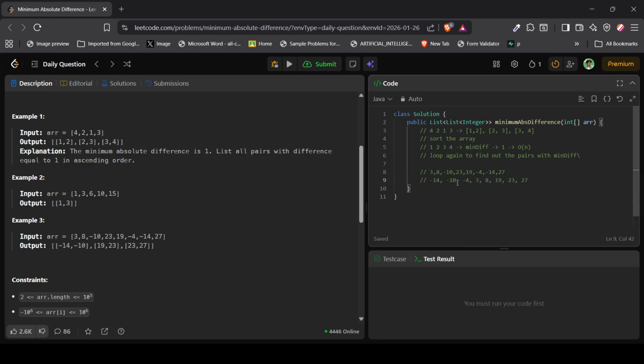Yes, so this is the thing after sorting.